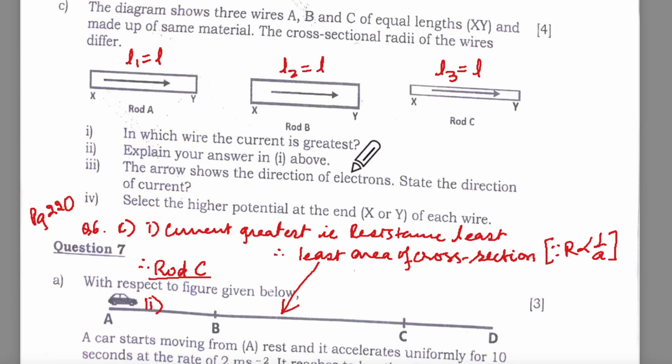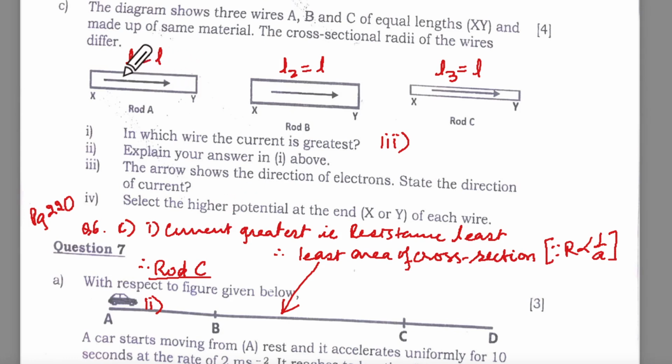The arrow shows the direction of electrons. Where is the arrow? Here. Like this, direction of electrons. So for the third part, state the direction of the current.